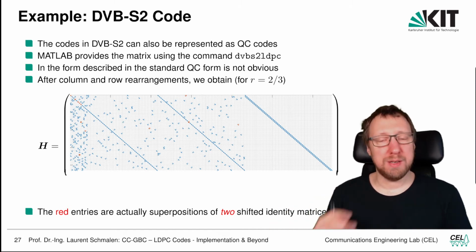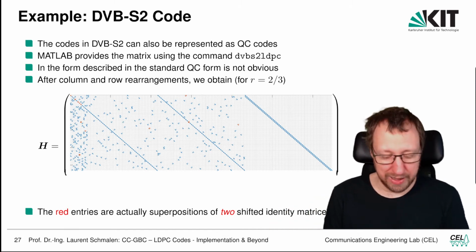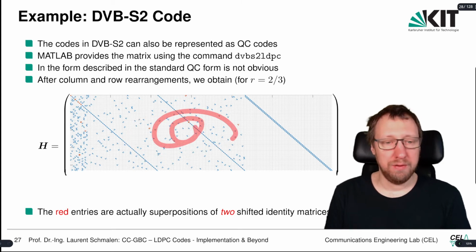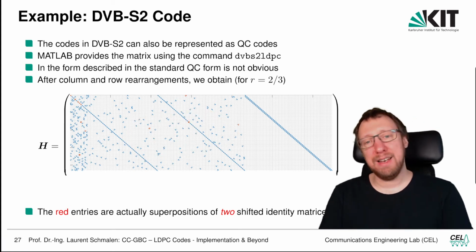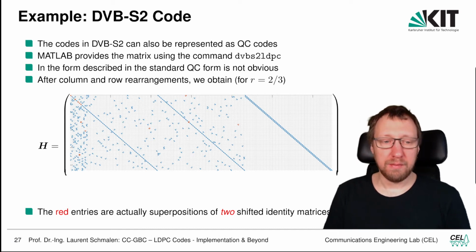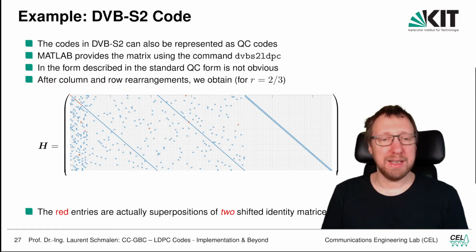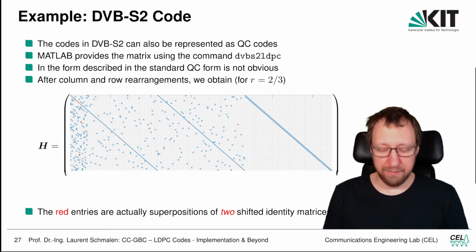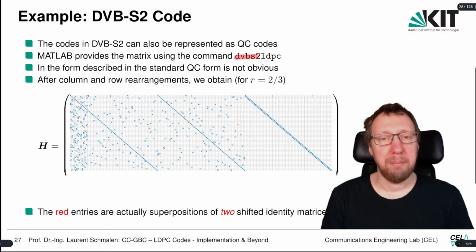But if you undo this permutation, then you actually get this circulant form. This is something I did manually. I undid this permutation in order to get this circulant form. So this is the DVBS2 code that you can also use inside MATLAB.